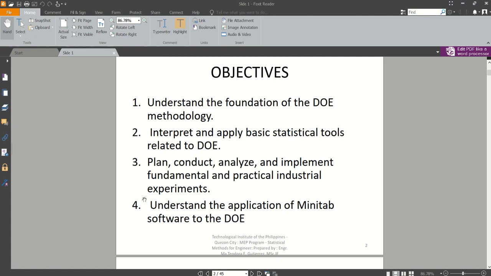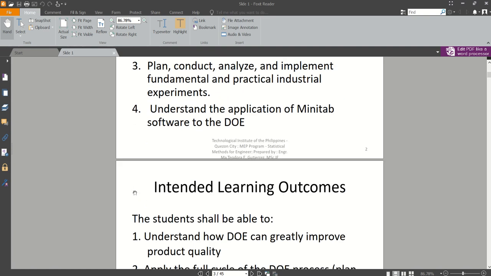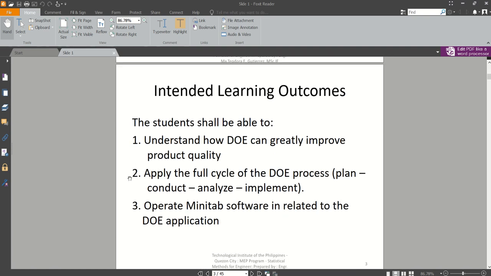Okay? If not Minitab, we'll try to use Excel. In this topic, I'm going to expect that you understand, at the end of this topic, how design of experiments can greatly improve product quality.